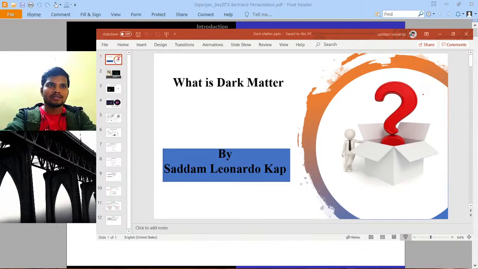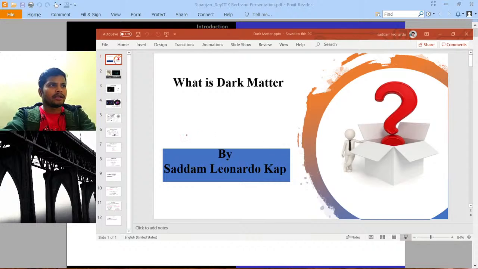Similarly, for galaxies, for all the stars within a galaxy, if you go away from the center of the Milky Way or the center of the galaxy, the velocity must decrease, as you can see here, according to Newtonian dynamics. But what Zwicky observed was that it doesn't happen this way.